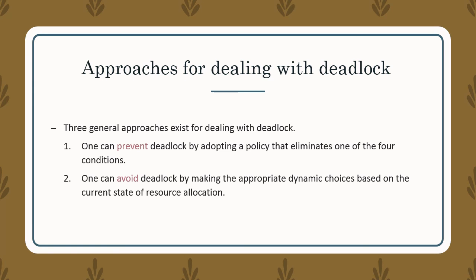One can avoid deadlock by making the appropriate dynamic choices based on the current state of resource allocation. Okay, so what happens is that I am the operating system and I have many resources which I am constantly allocating to the processes, and when they're done with them, they bring the resources back to me. So I have a pool of total resources.